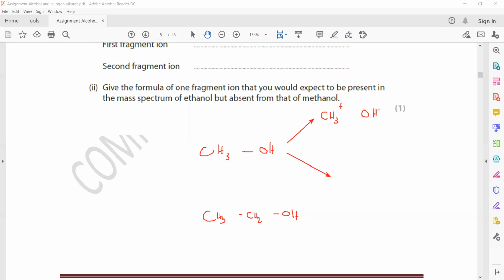This is one of the fragments in a mass spectrometer. If it breaks down into CH3 and OH, we will get a peak for CH3: carbon is 12 and hydrogen is 1, so multiplying by 3, we get a peak at 15.